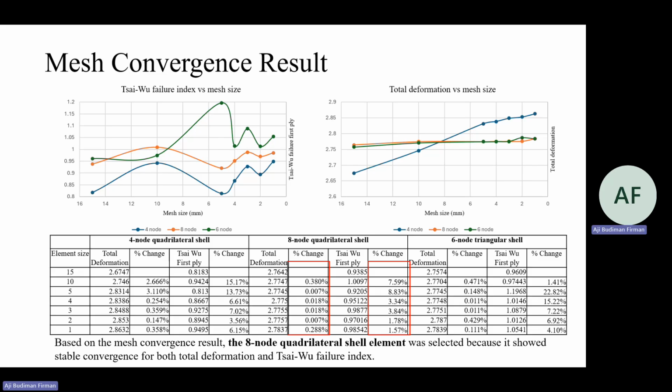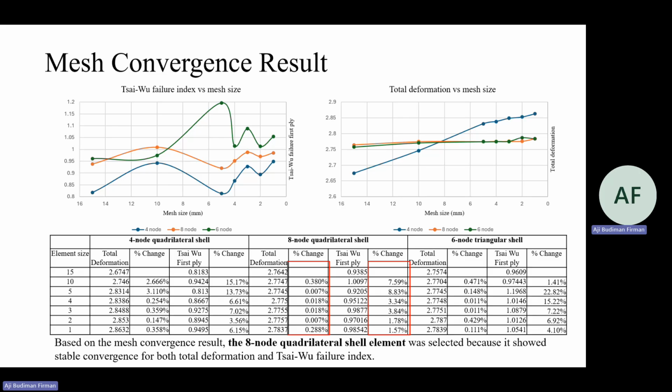Since mesh quality affects both deformation and failure predictions, the 8-node quadrilateral cells show the most stable Tsai-Wu index from 2 mm to 1 mm mesh size. The total deformation changed by only 0.288% and the Tsai-Wu failure index changed by 1.57%.